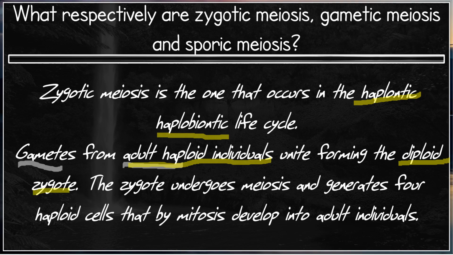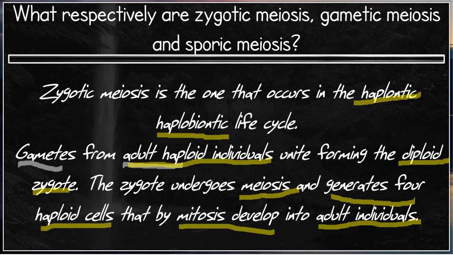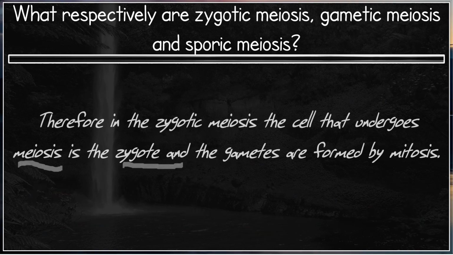The zygote undergoes meiosis and generates 4 haploid cells that by mitosis develop into adult individual. Therefore, in zygotic meiosis, the cell that undergoes meiosis is the zygote, and the gametes are formed by mitosis.